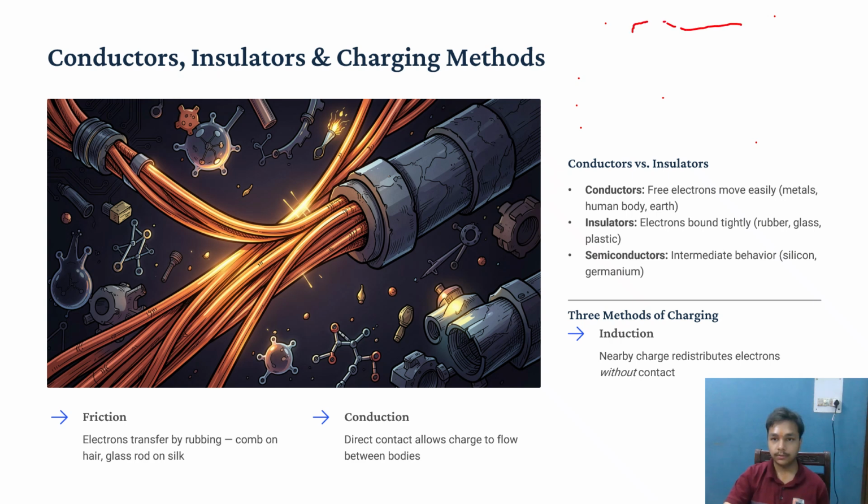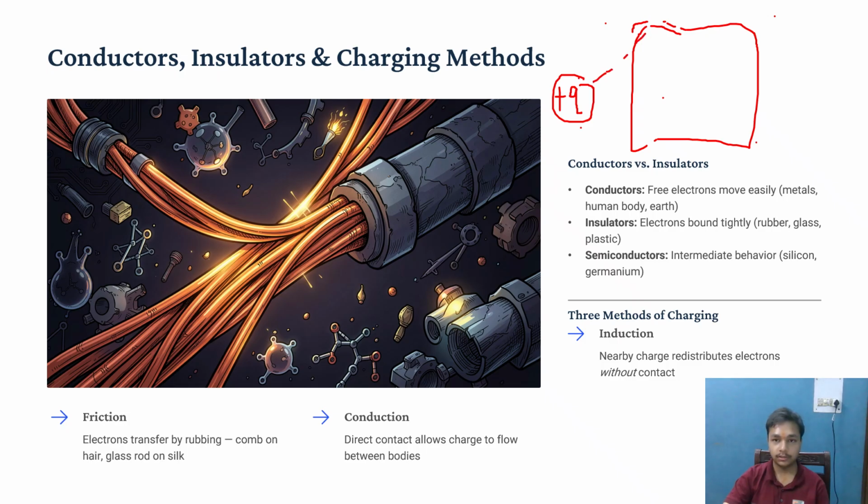This was the plus Q charge. It is brought close to the atom, so it will attract the electron cloud and repel the nucleus, due to which this shape happens.